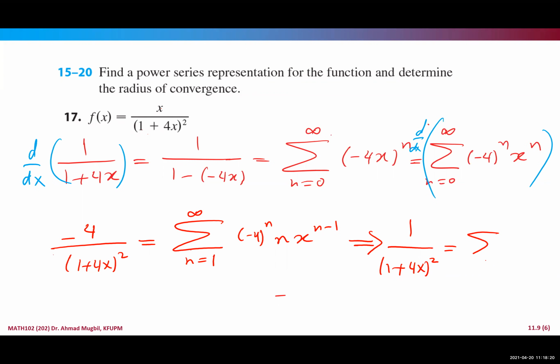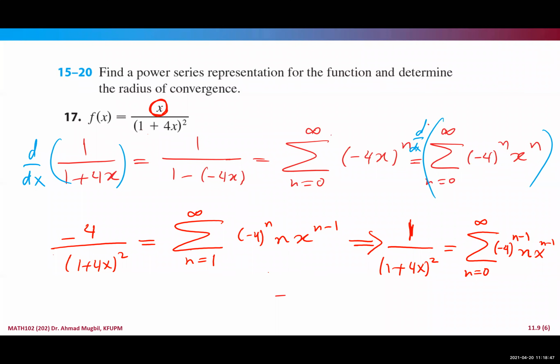Sigma, n starting from 0 to infinity. If I divide here by negative 4, what will it be? It will be negative 4 to the power n minus 1, n x to the power n minus 1. Good. So this is what we have. Now we are very close to what we want. We just want to multiply by what?